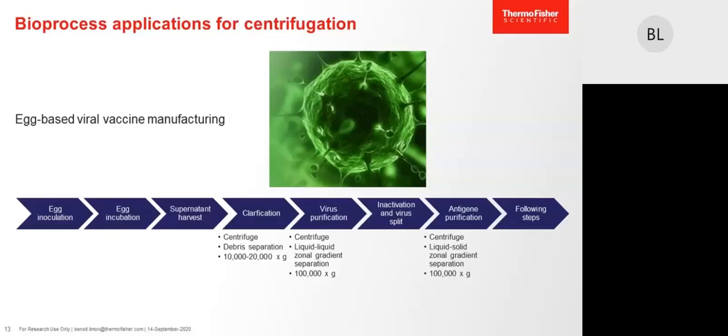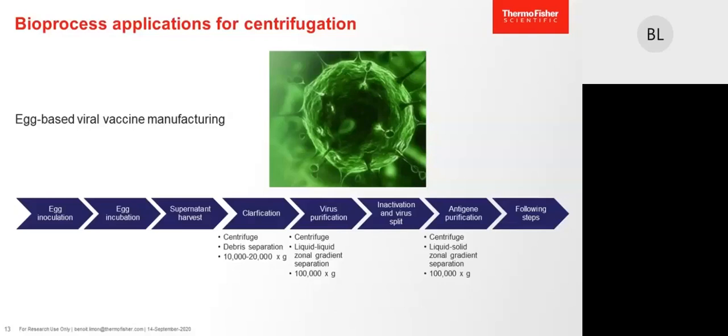The clarification is to remove the debris of the egg and anything that is not the allantoic fluid containing the virus. So this will usually be a big centrifuge, 10 to 20,000 G-force, to separate cell debris from the allantoic fluid.